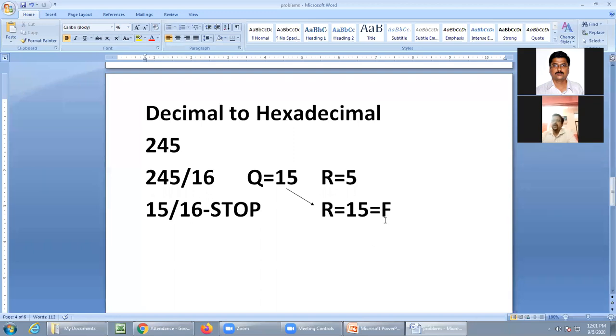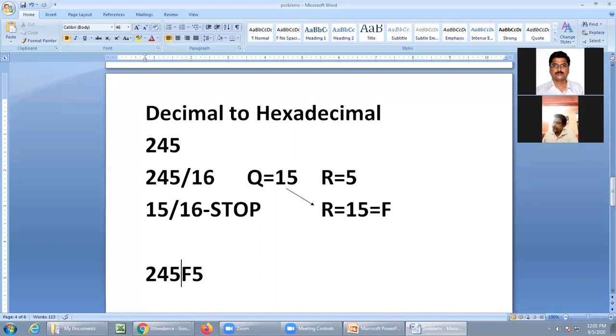What is the bottom number? F. What is the next number? 5. So 245 in decimal is equal to F5 in hexadecimal.